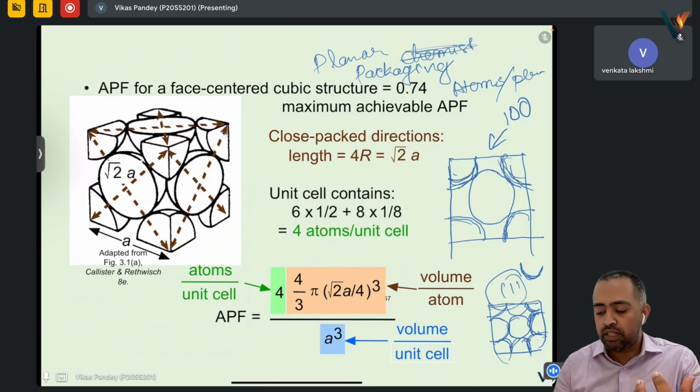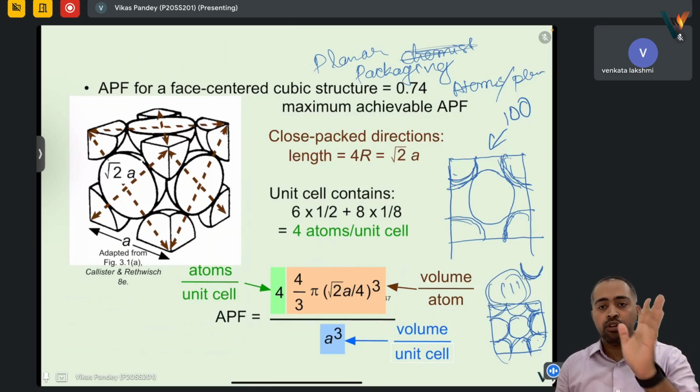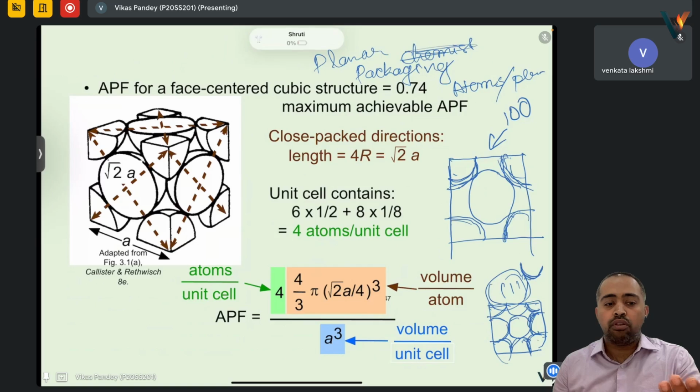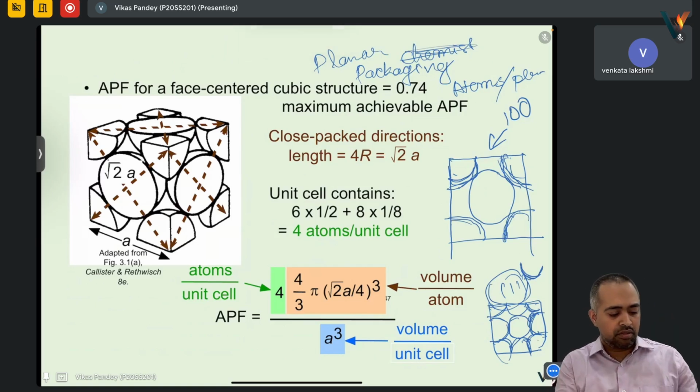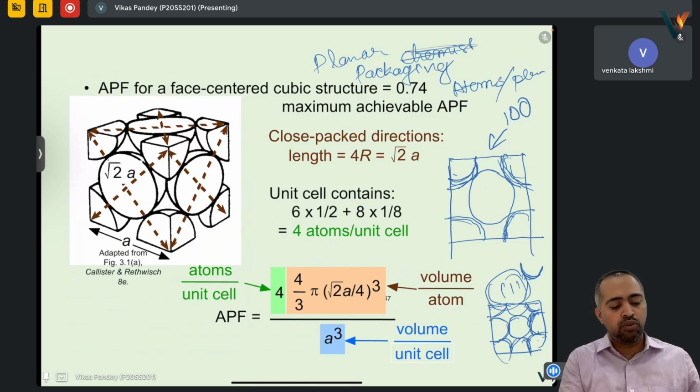If you check, the 111 plane always has a much higher density, not packaging, we can say, compared to the 100 or 110 plane.